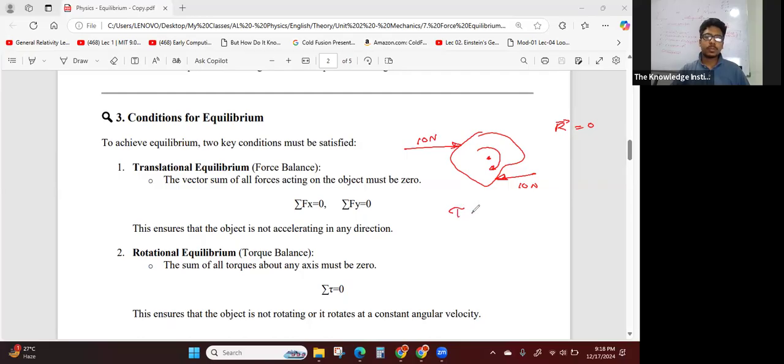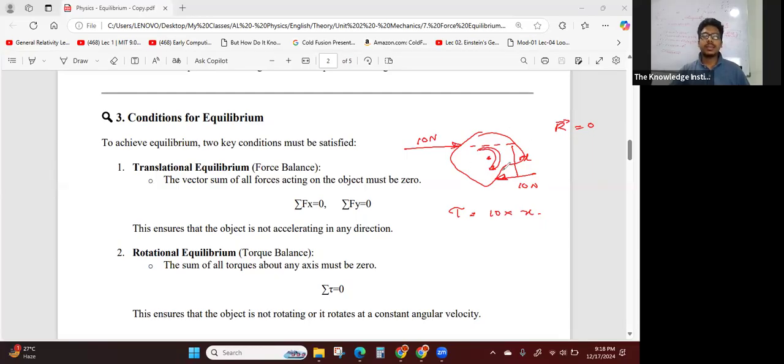The moment of a force couple, we know how to find. It will be given by one of the forces multiplied by the perpendicular distance between them. Let's say that is x. So 10 into x. Therefore there will be a non-zero moment. So what happens?